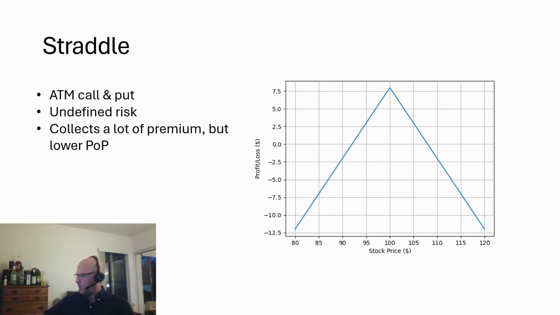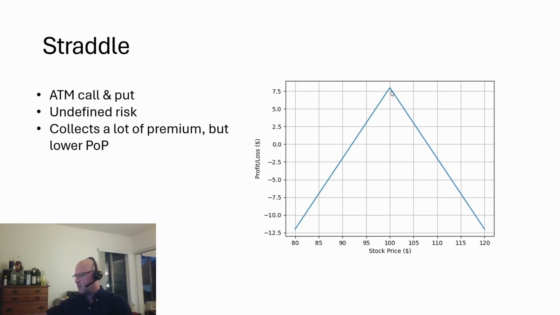So I made up a hypothetical situation, and when we sell, it's a $100 stock assumed. It's a theoretical model here, and I assume that the credit received for the straddle is $8. So if we sell the at-the-money call, at-the-money put, we collect $8. And this plot here is basically our risk profile.